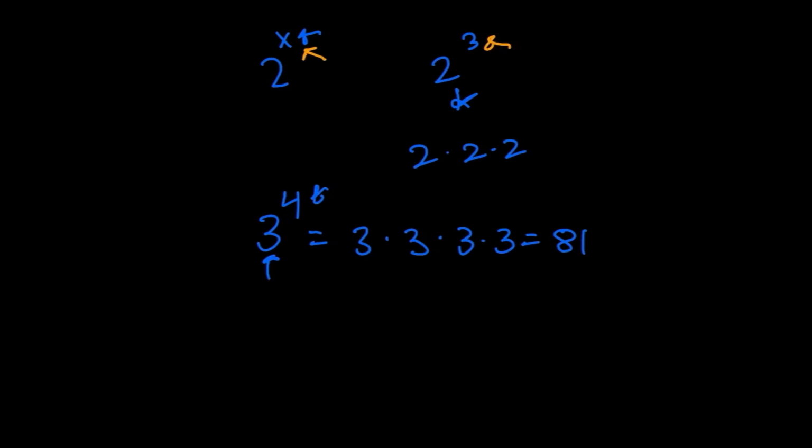So I do 3 times 3, which is 9, and then 9 times 3, which is 27, and 27 times 3, which is 81. Or the other way to do it is by doing 3 times 3, which is 9, and then doing the other 3 times 3 over here, which is also 9. And then you can multiply these two numbers to get 81.